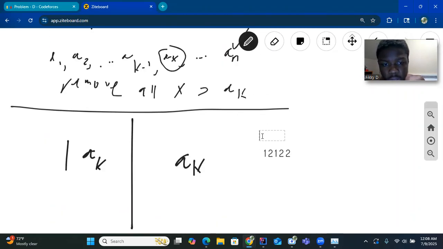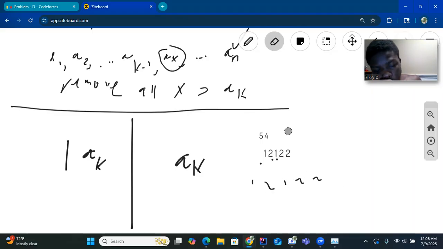So could I remove all the instances of it? No, there's nothing that I can remove. This is an example where there are two AKs, and the things that are not AK are just one.